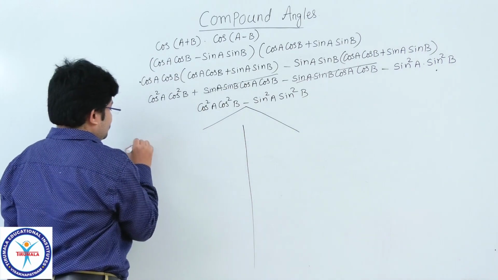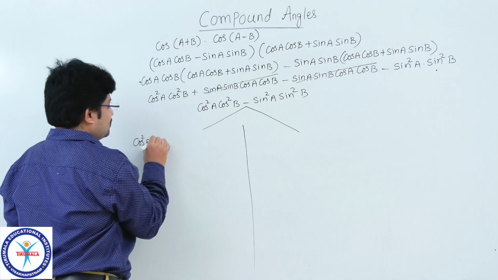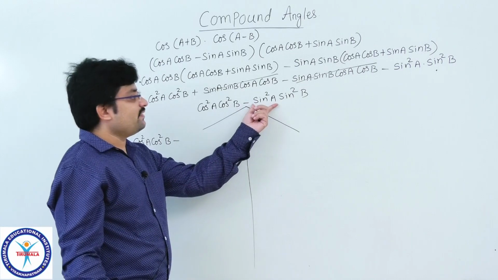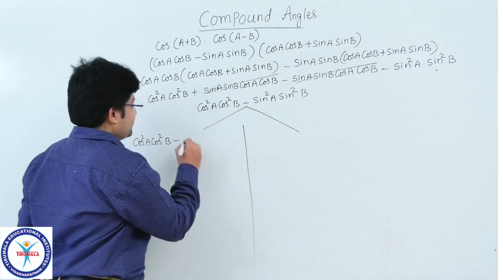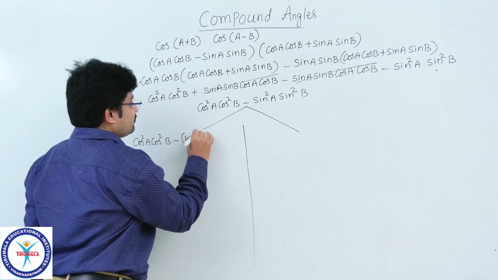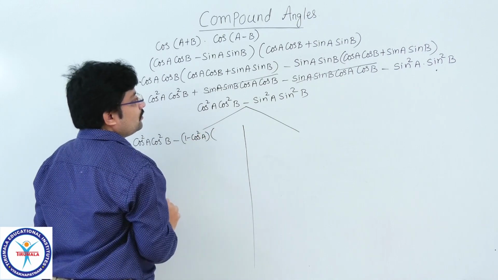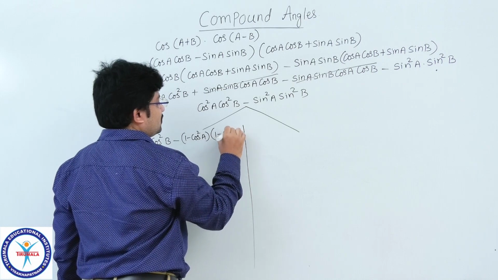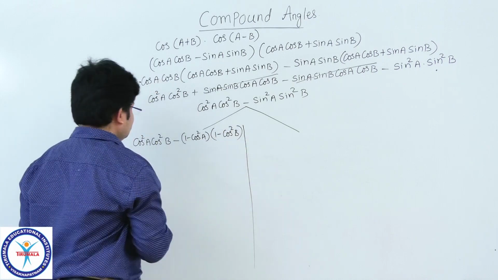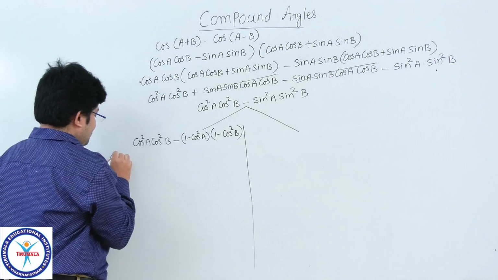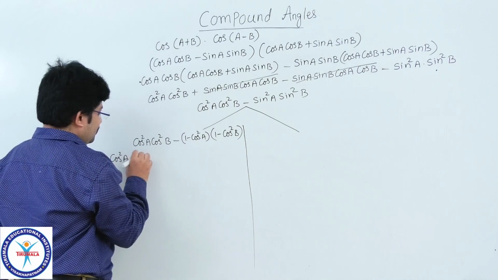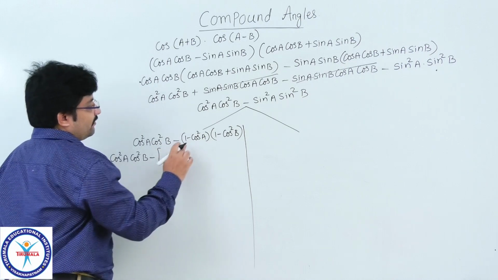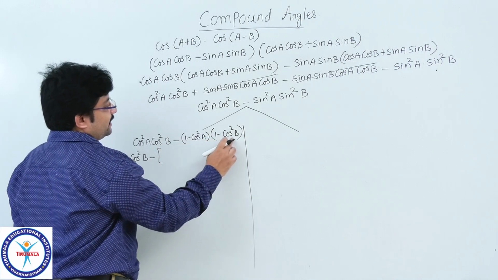Okay, so cos square A cos square B minus sin square A sin square B. Sin square A can be written as 1 minus cos square A, sin square B can be written as 1 minus cos square B. That is cos square A into cos square B minus of (1 minus cos square A) into (1 minus cos square B).